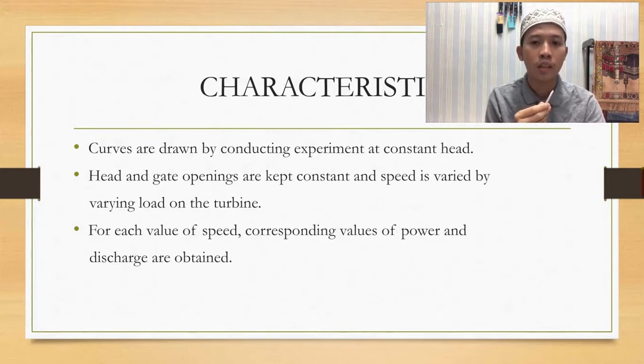So for each value of speed, the corresponding value of power and discharge are obtained. So this is the characteristic which can affect the curve of the output of the turbine.